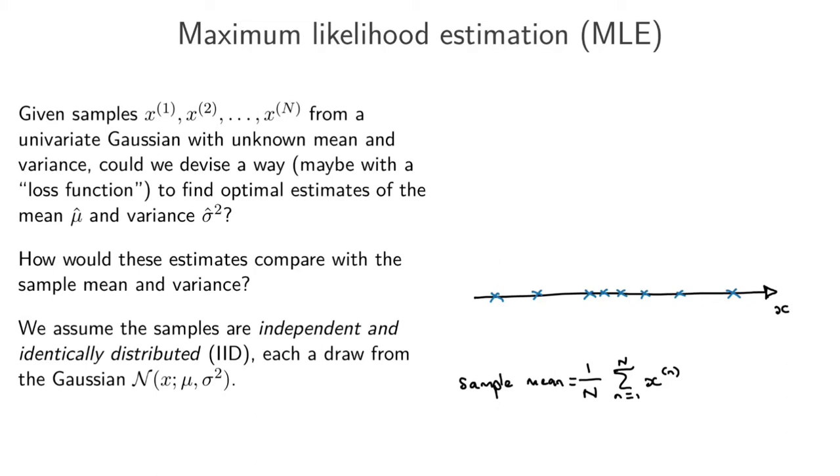The first assumption we make is that, just formally, these data points all come from a Gaussian distribution with some unknown mean and some unknown variance, and that these points are independent and identically distributed. So each of the points is sampled on its own without considering any of the other points, and they all come from the same distribution.